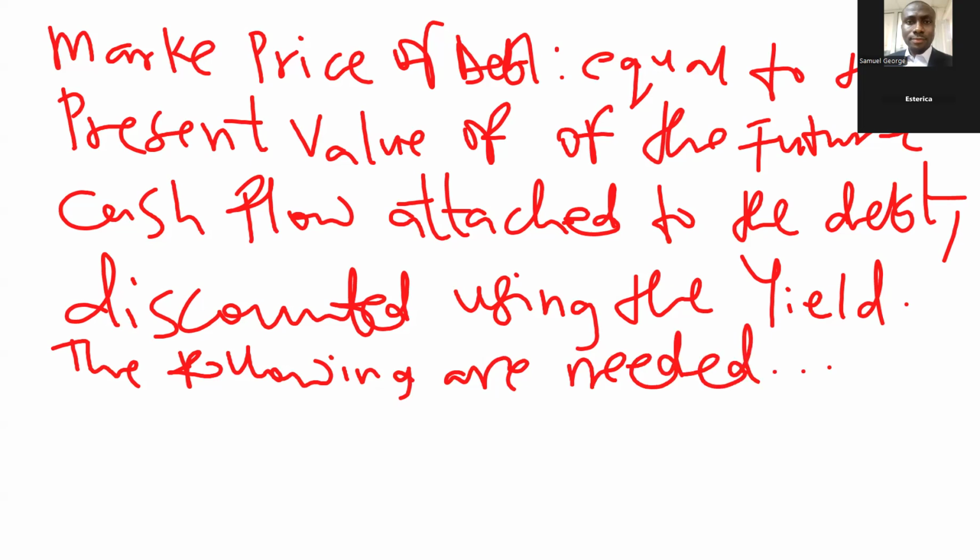Number one, coupon rate. The coupon is the interest you will collect. For example, if Geregu Power PLC wants to issue a bond and you subscribe to that bond, they are supposed to be paying you interest on a yearly basis, or every six months, or every quarter.